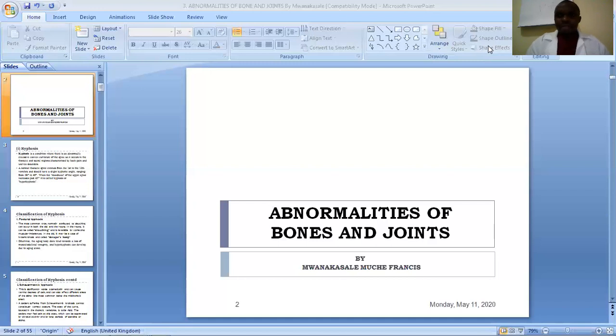Now, the brief introduction to kyphosis is that I'm sure the world over, you have come across some individuals with orthopedic deformities, specifically of the spine.